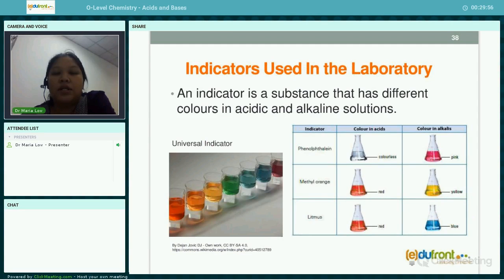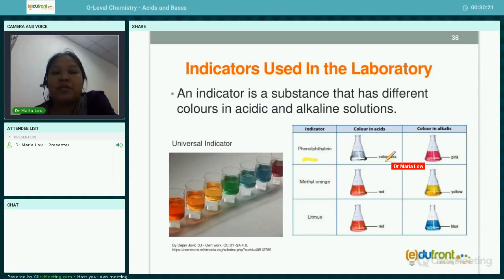Let's take a look at the indicators used in the laboratory. An indicator is a substance that has different colors in acidic and alkaline solutions. There are a few common indicators used in the school laboratory to indicate whether a solution is acidic or alkaline. Let's take a look at the first kind of indicator, called phenolphthalein.